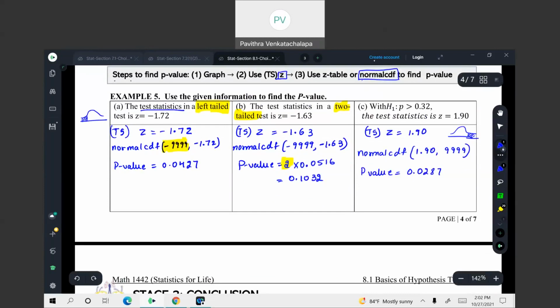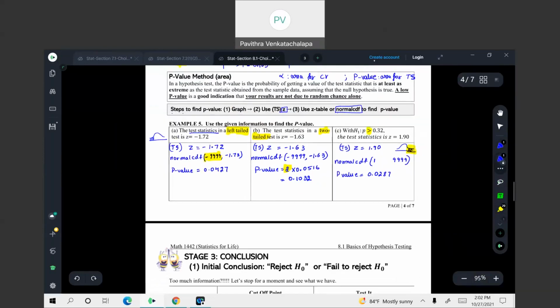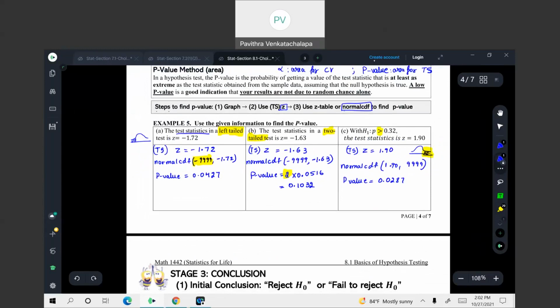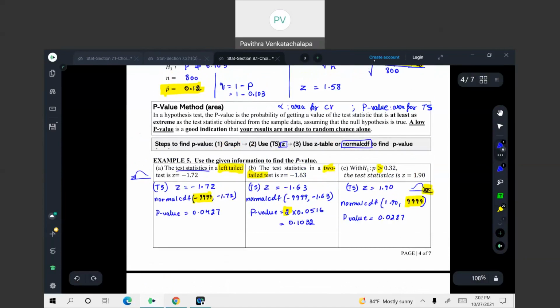You're not going to multiply it by 2, because it is a right tail, so the only change is in the value. Okay, so that is how you find the p-value.